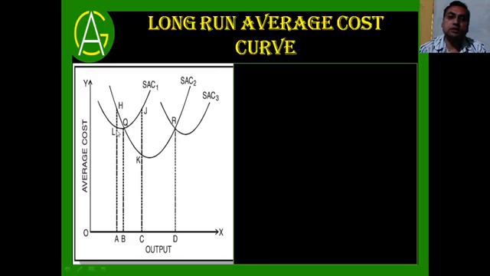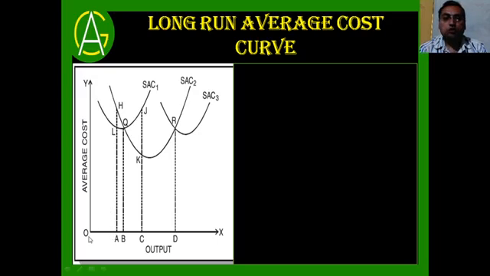This will be the more cost for producing OA level of quantity. So our conclusion will be, in order to produce OA level of output, you should select plant 1 rather than plant 2, because by selecting plant 2 you incur more cost by HL. So plant 1 will be ideal for utilizing OA level of capacity.